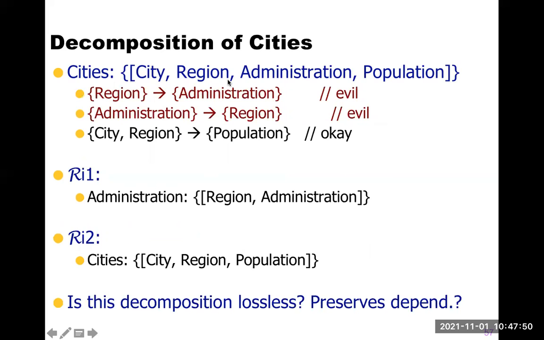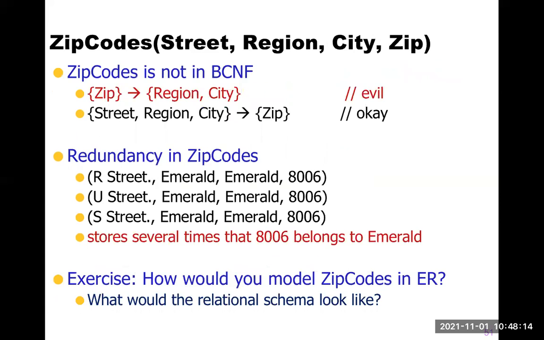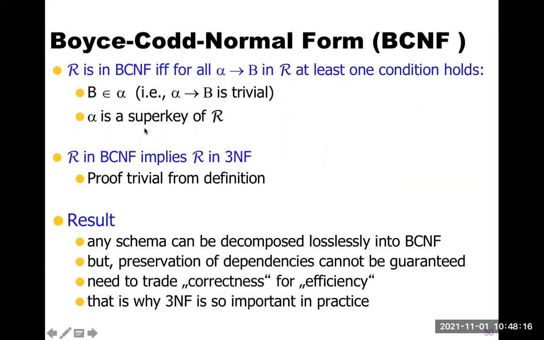So formally, we look at the cities table and check conditions: city and region to population. That's okay. So this functional dependency is not evil. The left side is a super key. We have two conditions to check. One condition is that the left part is a super key, and the second condition is that the right part belongs to the left part.